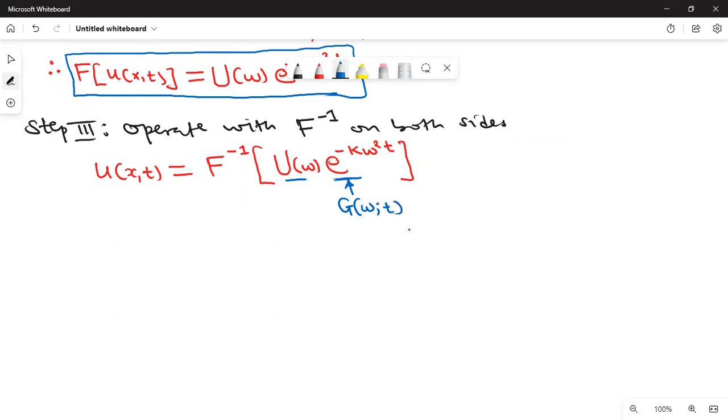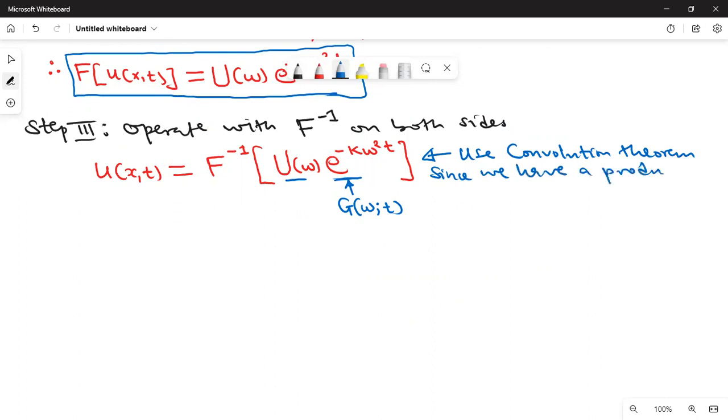So because we have a product of two functions of omega, we use the convolution theorem. That is when you're getting the inverse transform.